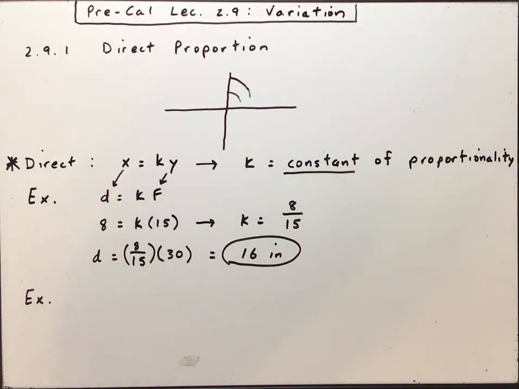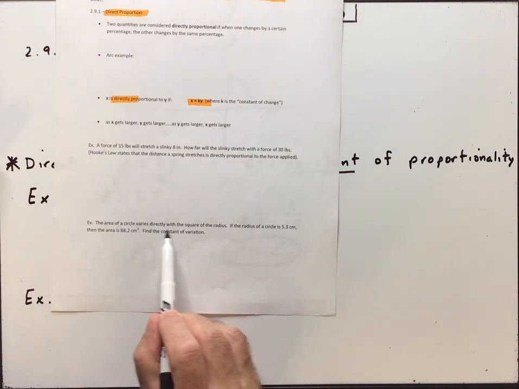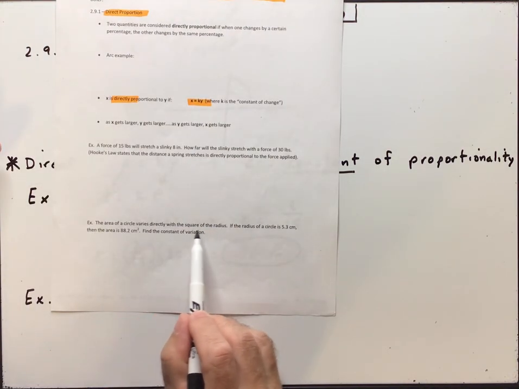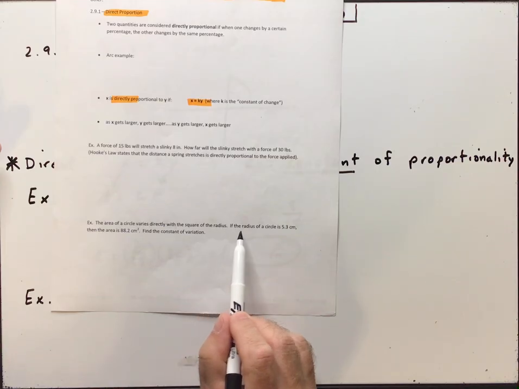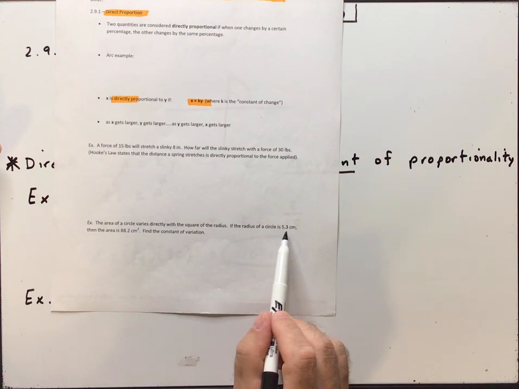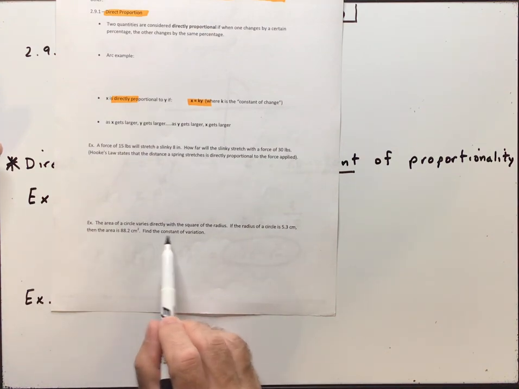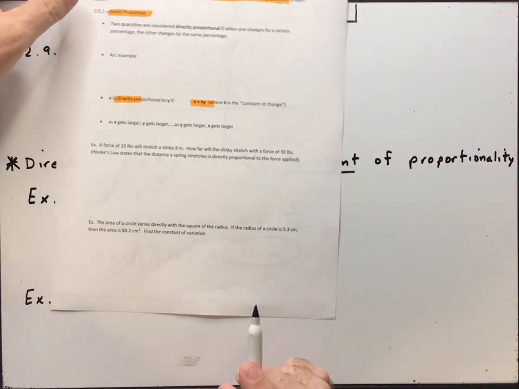So the next one says the area of a circle varies directly with the square of the radius. If the radius of a circle is 5.3 centimeters, then its area is 88.2 centimeters squared. Find the constant of variation.